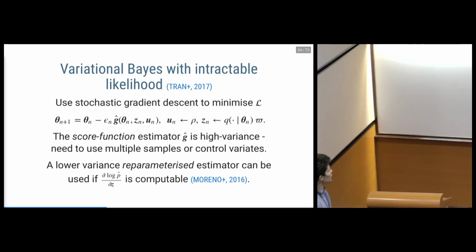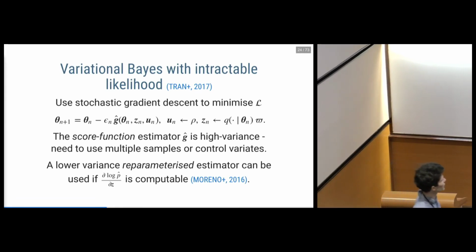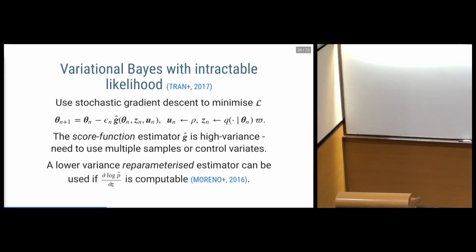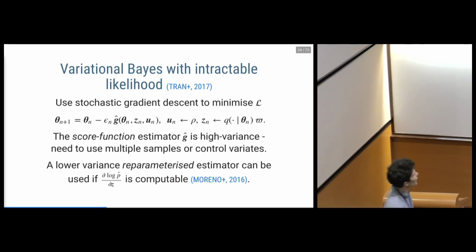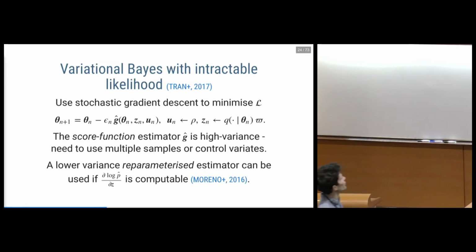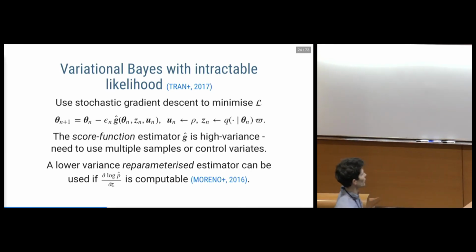And the use of that within an ABC setting was covered in this NIPS workshop paper called Automatic Variational Inference for ABC, I think, or ABC Variational Inference. So that's very similar in spirit to this variational Bayes of intractable likelihood paper, but just using a slightly lower variance estimator for cases where that is relevant.